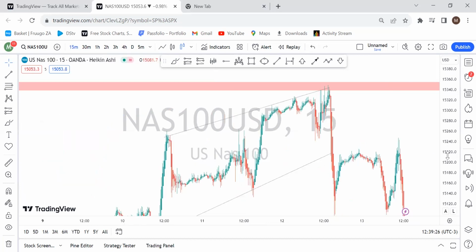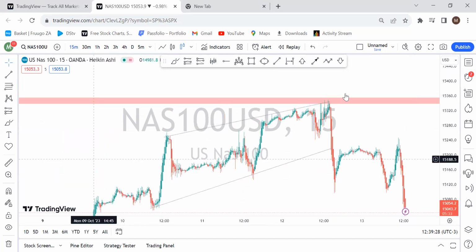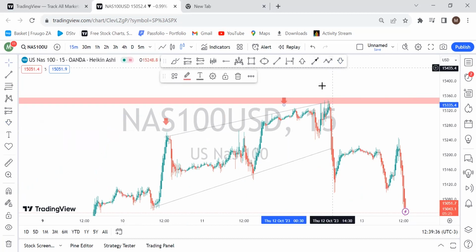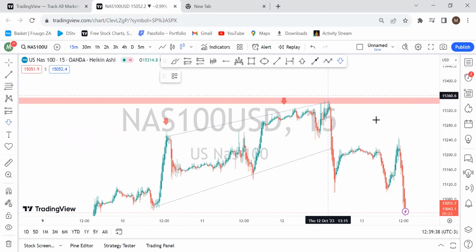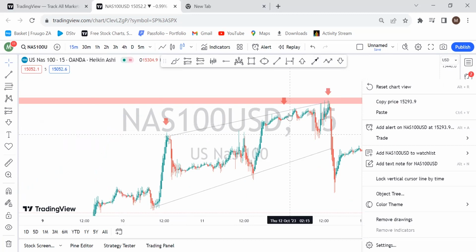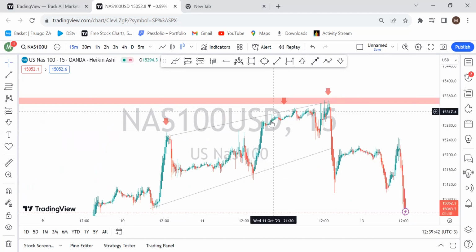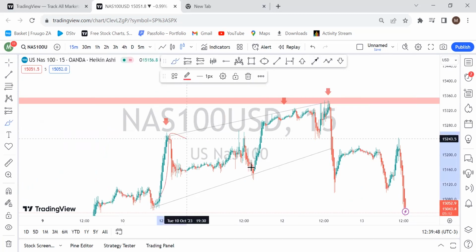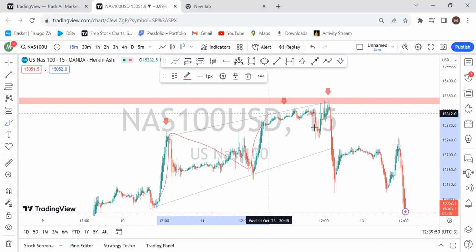And remember, your correction needs to have at least 3 touches, third touch being the highest probability. And this is the third touch. And why do I consider these 2 touches as one? Because when you actually draw out the correction, this is basically it, right?